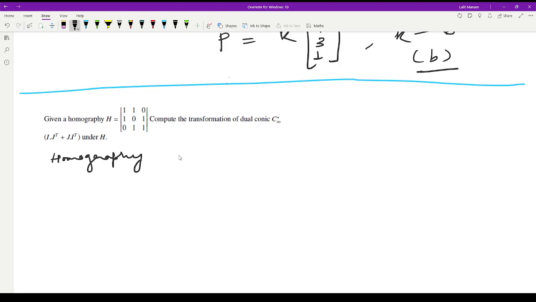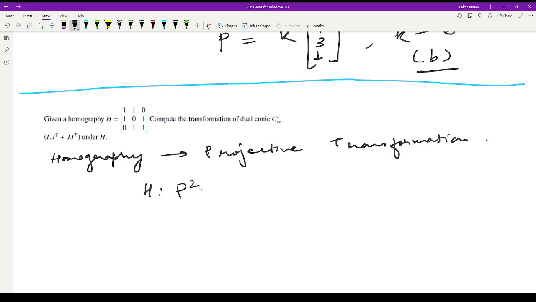It takes points in projective space and transforms them into another projective space. That's all. That means H transforms from P2 to P2. For this case, we are transforming from two-dimensional projective space to another two-dimensional projective space. Is this fine? Yes, sir.